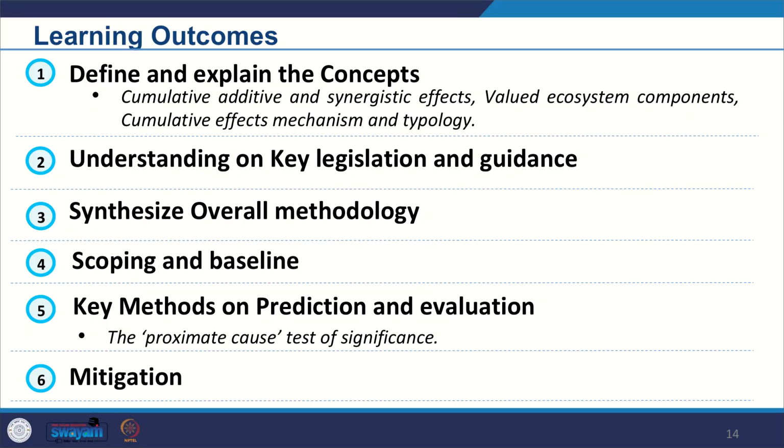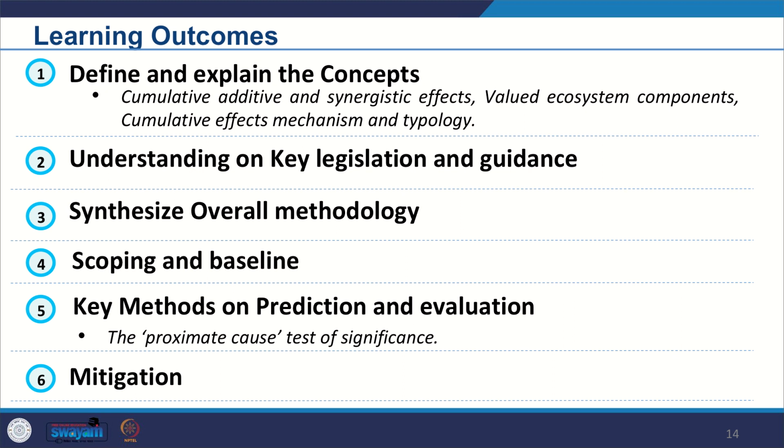Accordingly, the expected learning outcome would be that you should be able to define and explain certain concepts related with cumulative impact assessment and what additive or synergetic effects are and so on. Further, you should be able to give an understanding of key legislation and guidance and what the context is at this moment, so that you should be able to explain.